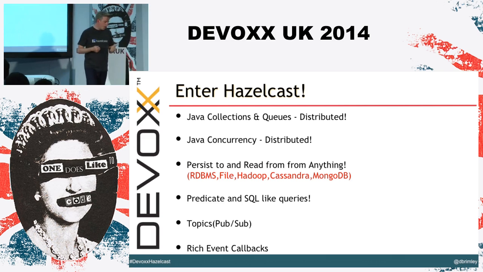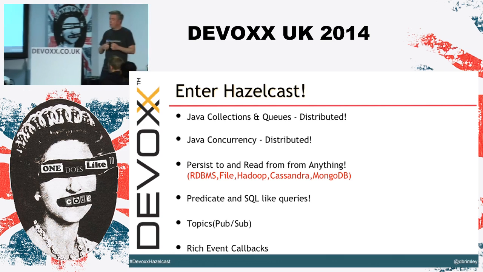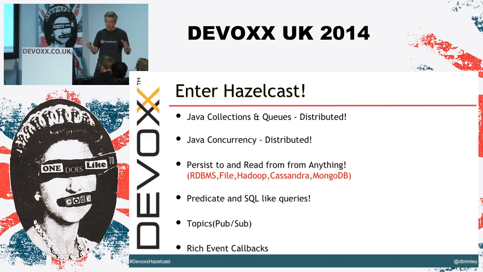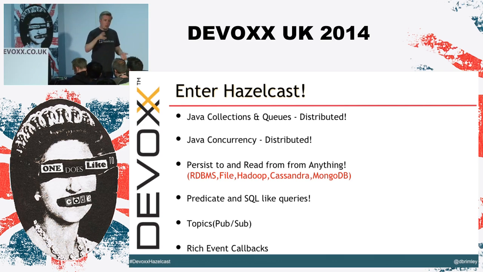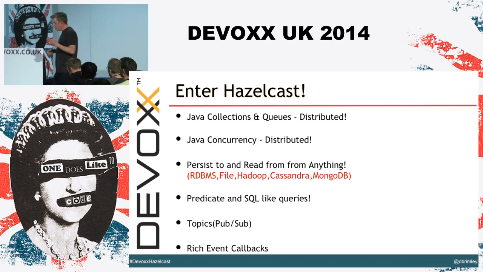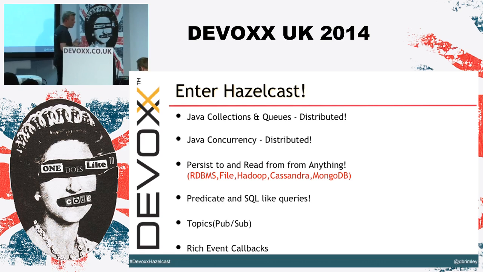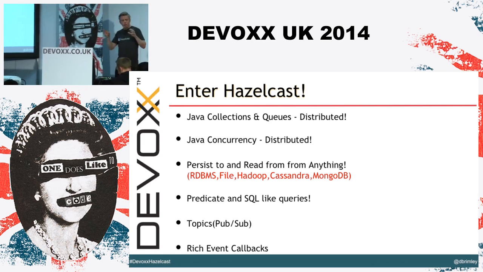So you can get a callback on any kind of mutation on your data structures. You can get a callback on things that are actually going on inside the cluster. So if a node joins or leaves the cluster, you can get informed about that. So the event callbacking system is very important, and especially if you want to maintain relational data structures, then the callbacks are the way to do that.